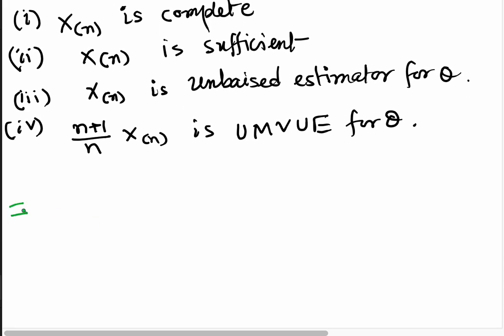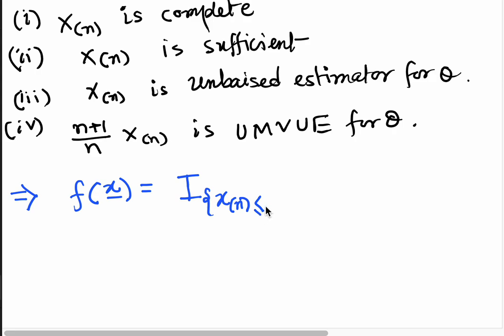Let's write the joint distribution of these n variables, that is f of x is the indicator that the maximum X(n) should be less than or equal to theta, which is a function of x, and the product for i equal to 1 to n of another indicator function I(xi greater than 0).